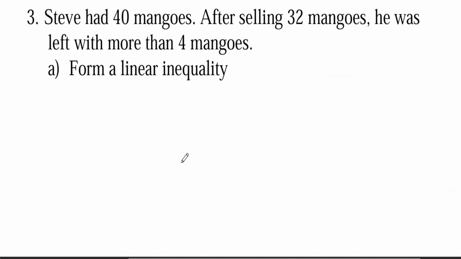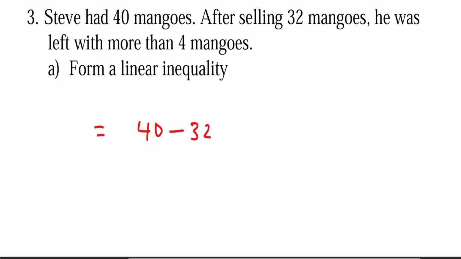Now, this is a word problem question, which we're going to do as well. Steve had 40 mangoes. After selling 32 mangoes, he was left with more than 4 mangoes. Form a linear inequality. So Steve had 40 mangoes, and after selling 32 mangoes, he was left with more than 4 mangoes.